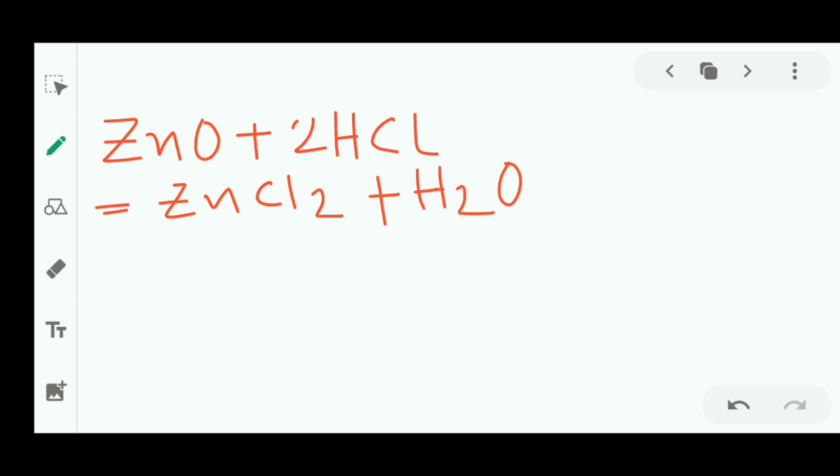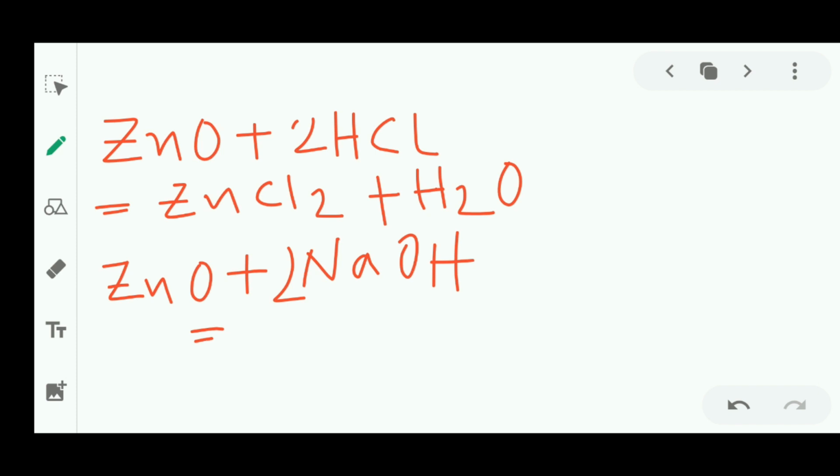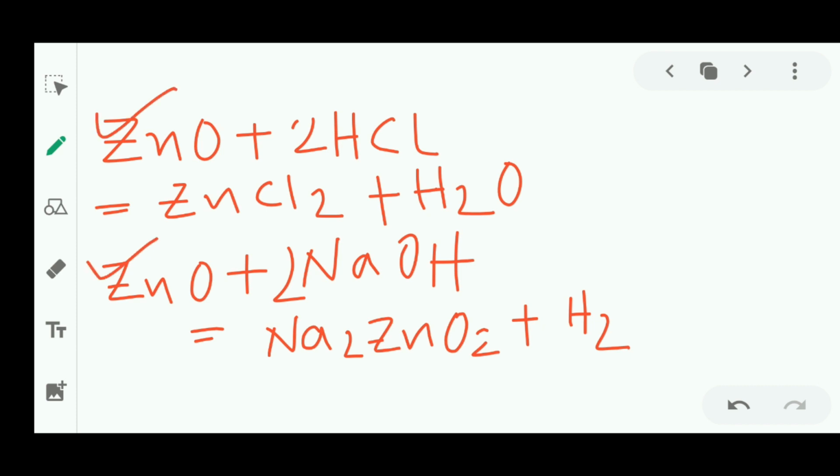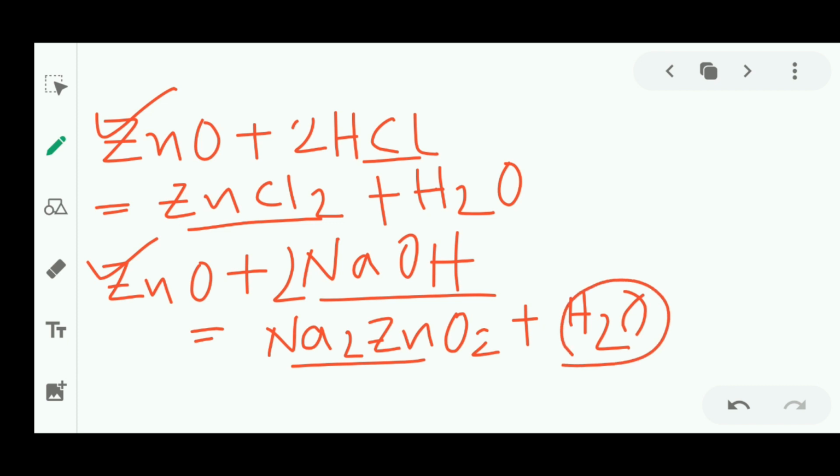Whereas ZnO again reacts with a base or alkali, NaOH, to produce sodium zincate, that is also a salt, and also water. So zinc oxide and aluminium oxide react with both acid and base to produce salt and water.